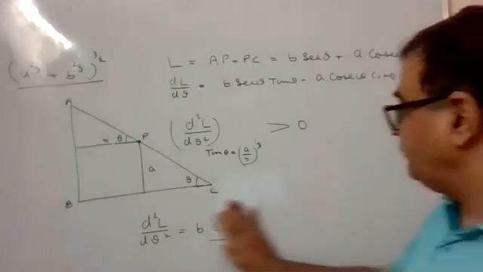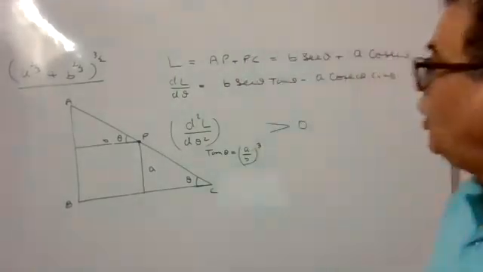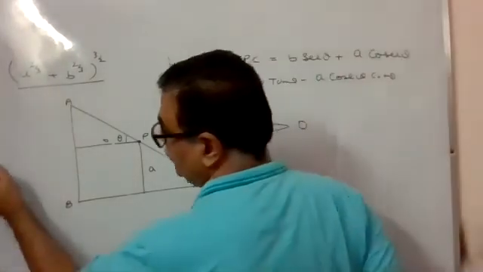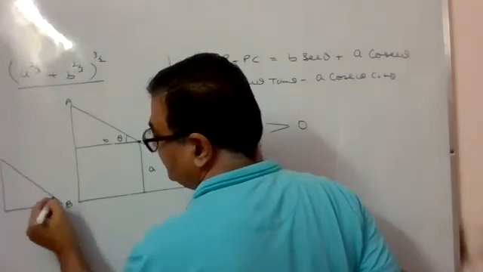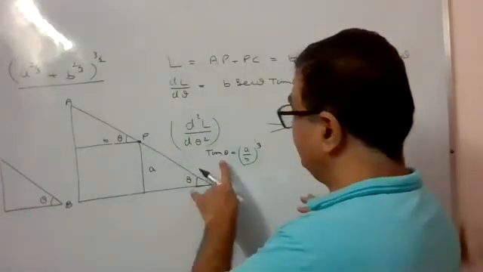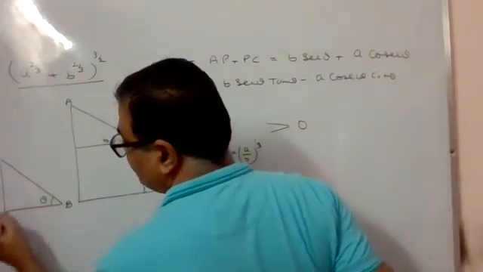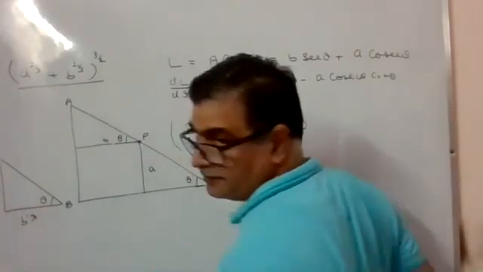And if the length of the hypotenuse is minimum, now we should go on to this length calculation. Now see how the length will be calculated. For this, make a triangle. This is theta. Tan theta is perpendicular by base, so it will be A power 1 by 3 over B power 1 by 3.